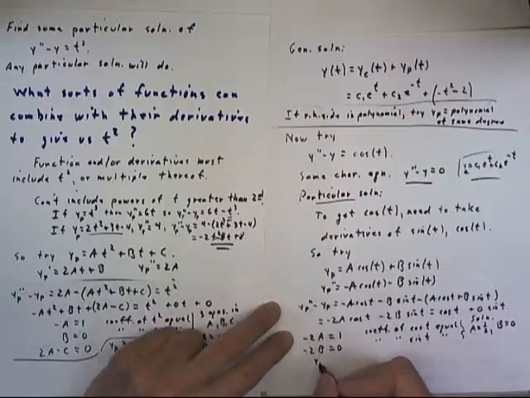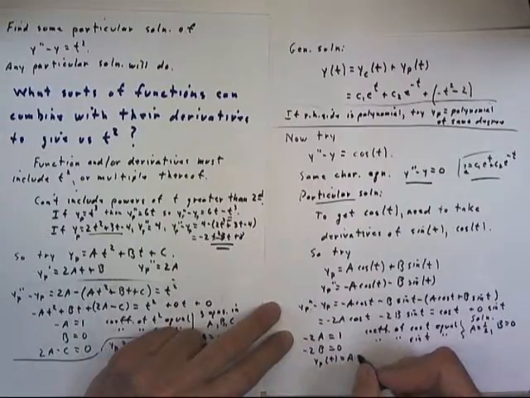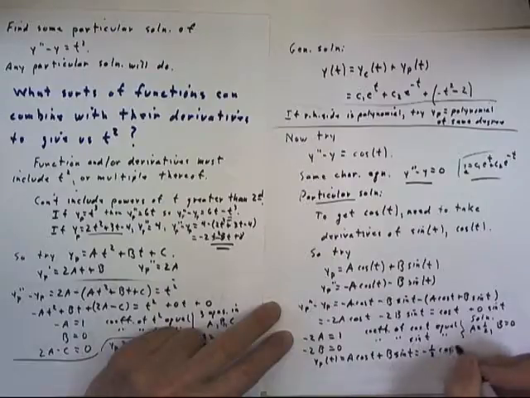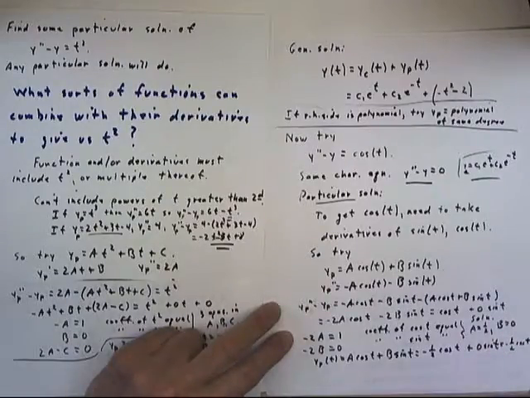So that our yp of t function, which is a cosine t plus b sine t, is negative 1/2 cosine t plus 0 sine t, which is just negative 1/2 cosine of t.